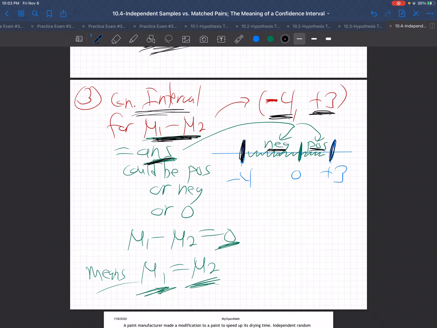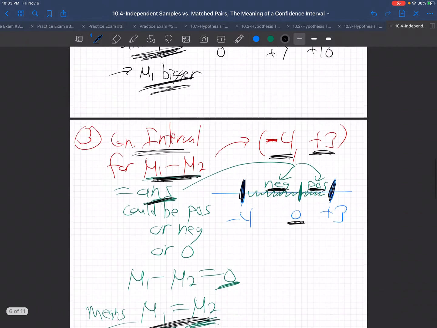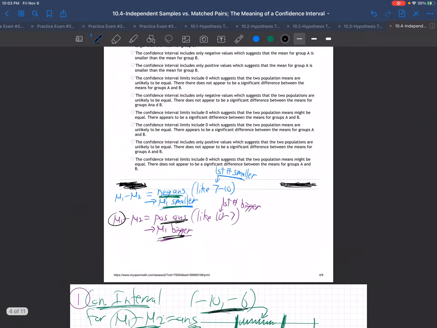It's somewhere between -4 and +3. It could be in the negative territory, the positive territory, or it could even be 0. So we don't know. If it's 0, they're actually equal. If it's negative, positive, we just don't know. It could be all kinds of things. So that would be the case where it's unclear.